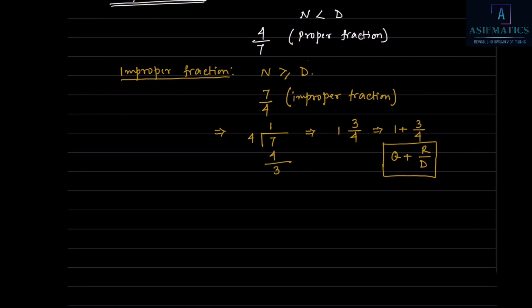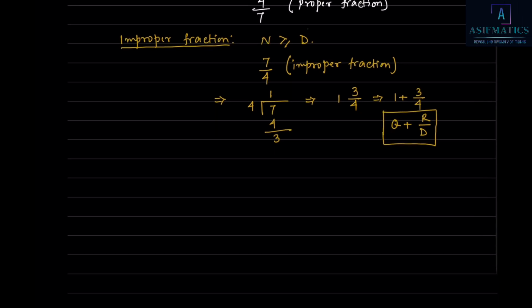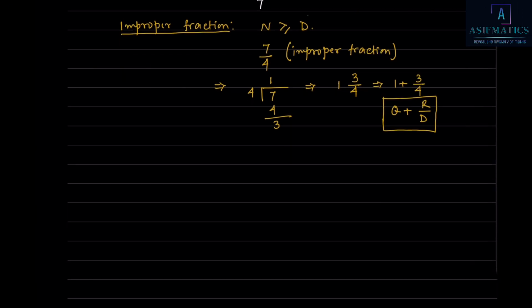Now in case of algebraic function, when we have the algebraic function, how do we define which one is proper or improper? For example, we have an algebraic function f(x) equals 2x minus 13 divided by (x plus 1) times (x plus 3).